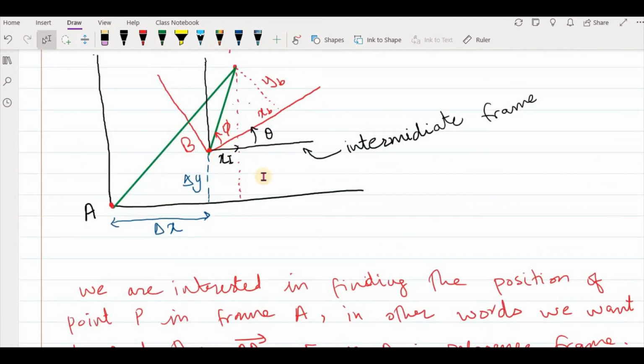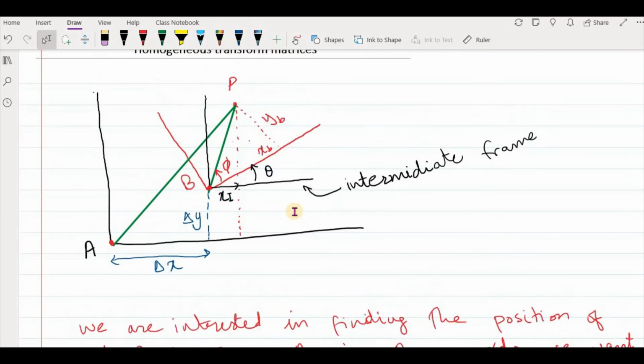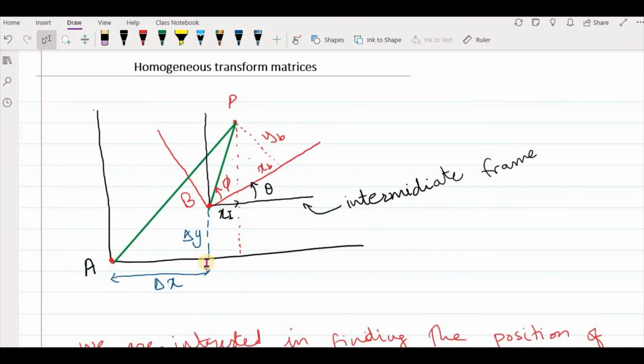So the origins of the two frames are translated, they have a delta y and delta x distance between them.